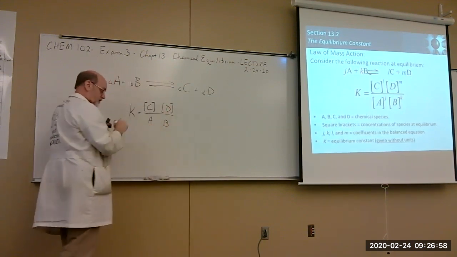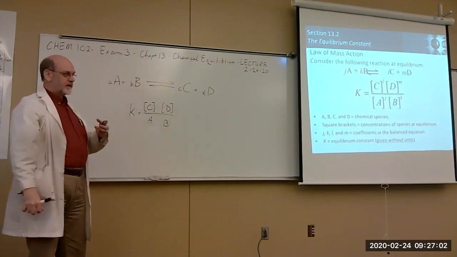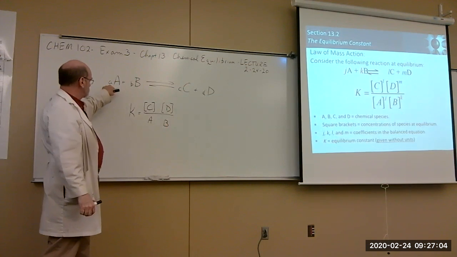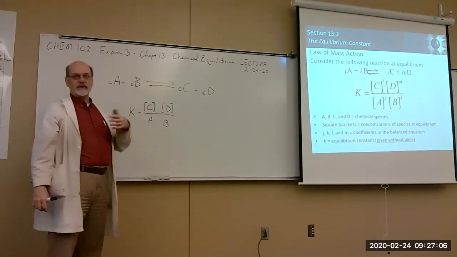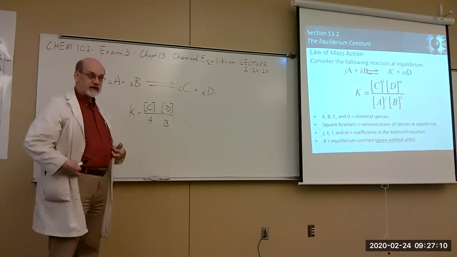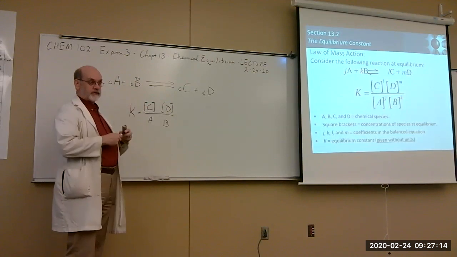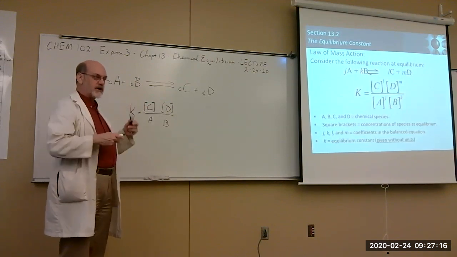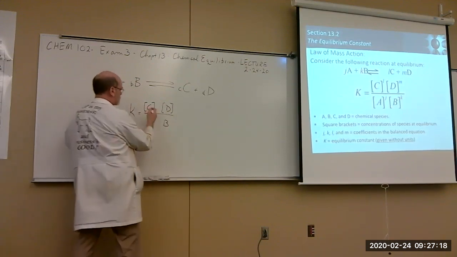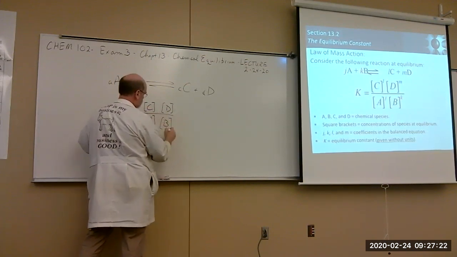Whereas in the study of kinetics, we could not take these coefficients and use them in our rate expressions, in equilibrium, we do use these coefficients. So once you've balanced your equation, then you use the coefficients as exponents.